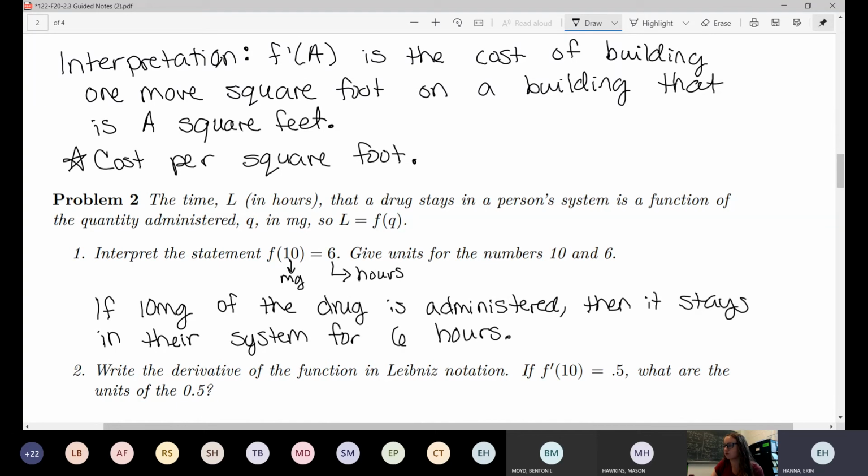But again, that's not a rate interpretation, so we just had to interpret it in terms of the context that we're given.